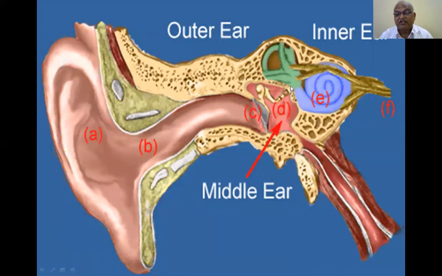This is the fenestra vestibuli. The stapes touches the lateral wall of the vestibule. So all the sound vibrations go in that order.